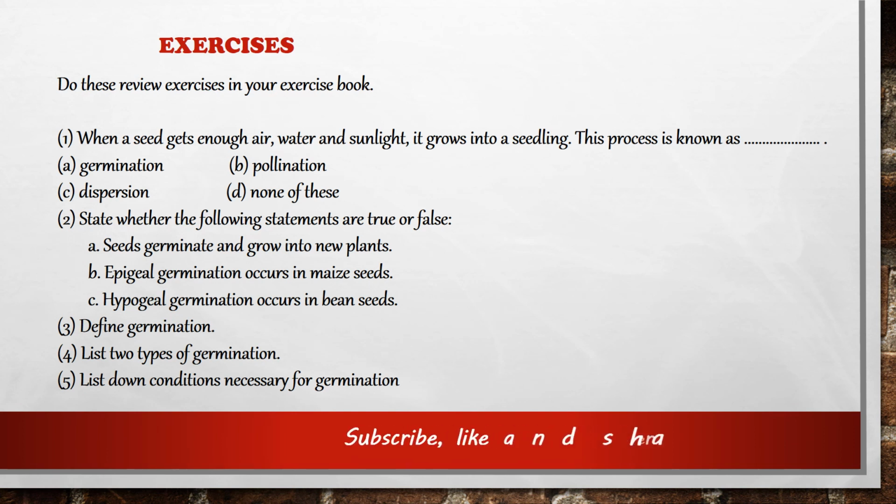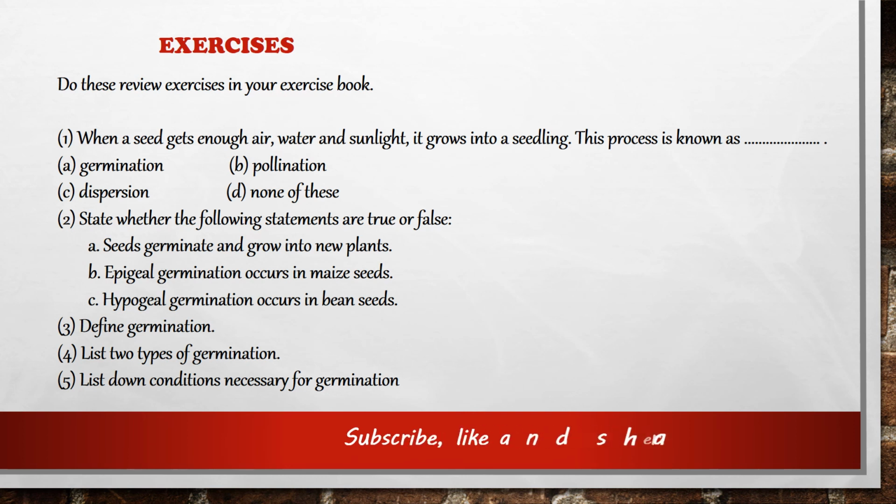After watching this video, you try these questions and remember to send them to your parents or your teachers for feedback. And if you want to perform well, please watch this video again. The first question is to complete: when a seed gets enough air, water, and sunlight, it grows into a seedling.